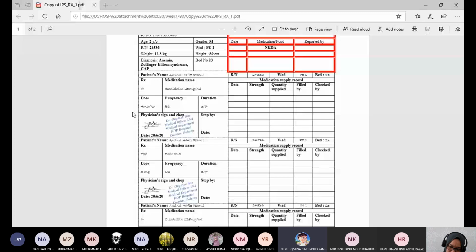For the second trolley, another 1 bottle, because we need to supply for 5 days. What do you mean, second trolley? Because we received the prescription on Tuesday. So until when can we supply? Until Friday morning. Okay, until Friday morning.